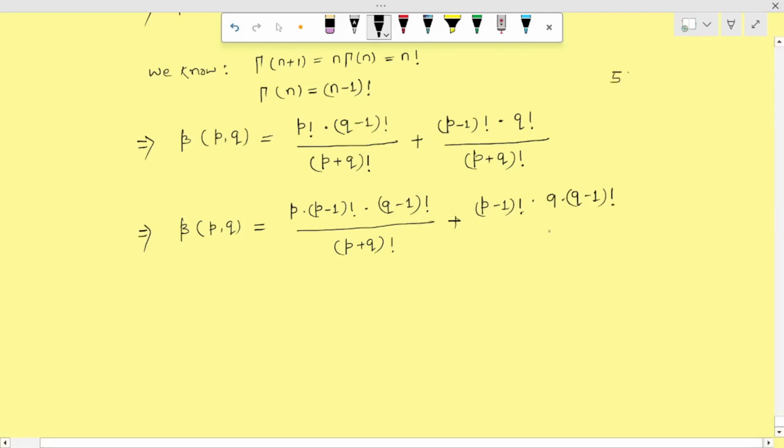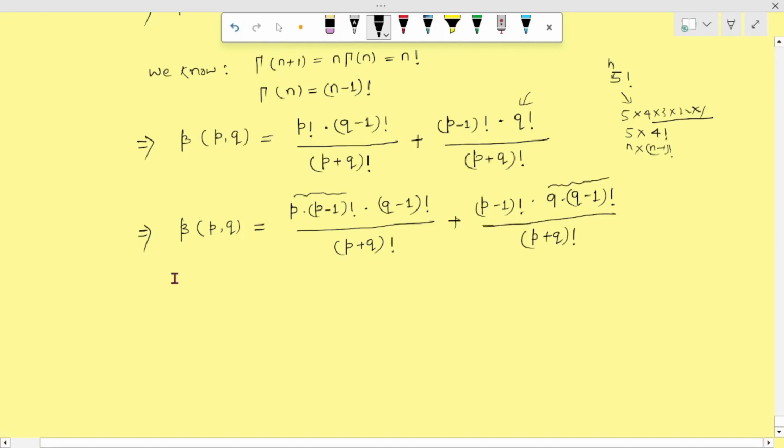How? Suppose we have 5 factorial, this can be written as 5 into 4 into 3 into 2 into 1. Here 5 into this much is nothing but 4 factorial. So if this is your n, then n into (n-1) factorial. Only for that, p factorial and q factorial are written like this, divided by (p+q) factorial.